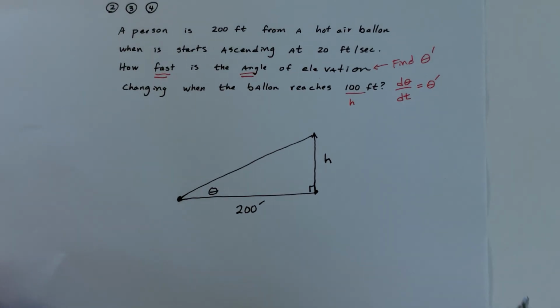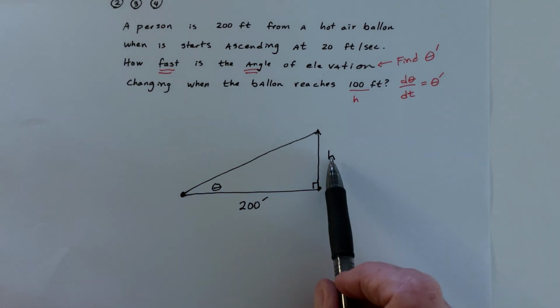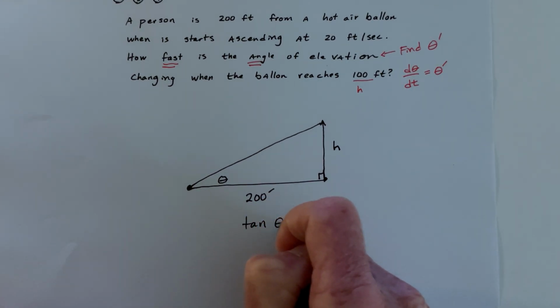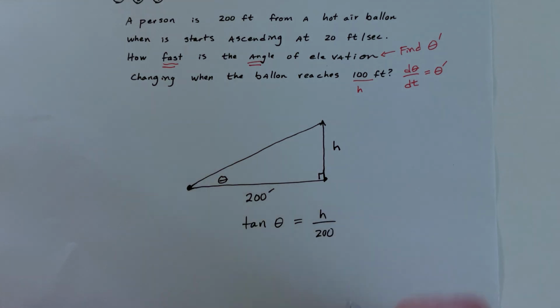So looking at this triangle, because it does involve an angle, that's a good time to use trigonometry. So this would be opposite and adjacent, so that would be tangent. So tangent of theta equals the opposite over the adjacent.